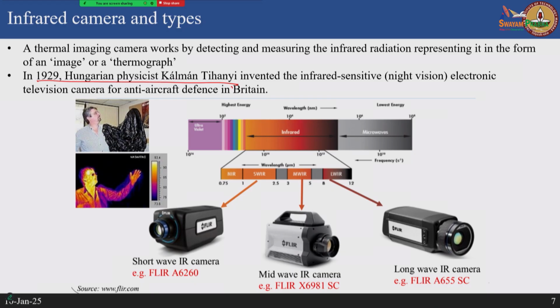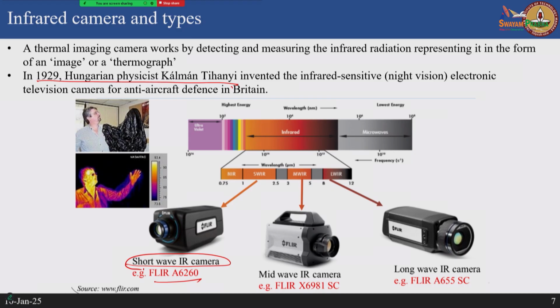As I said, you have a short wave IR camera. For example, FLIR is one of the major companies which manufactures these infrared cameras. It is a global leader, and if you visit anybody who has an IR camera in a research lab, usually they will have a FLIR, and we also have a couple of these FLIR cameras.